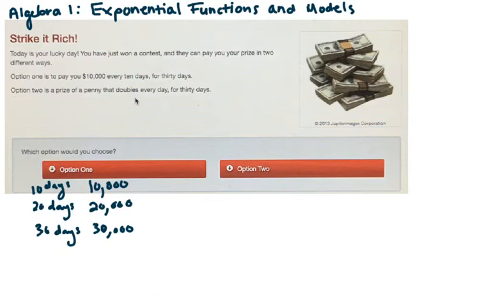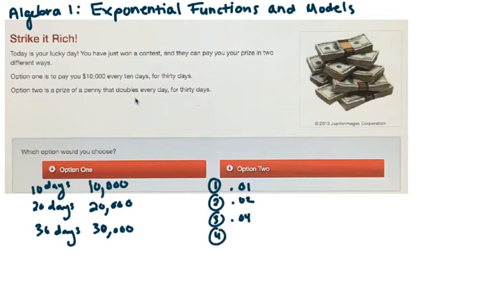So when we start with a penny. Day one, I would have 1 cent. And then day two, 2 cents. Day three, 4 cents.